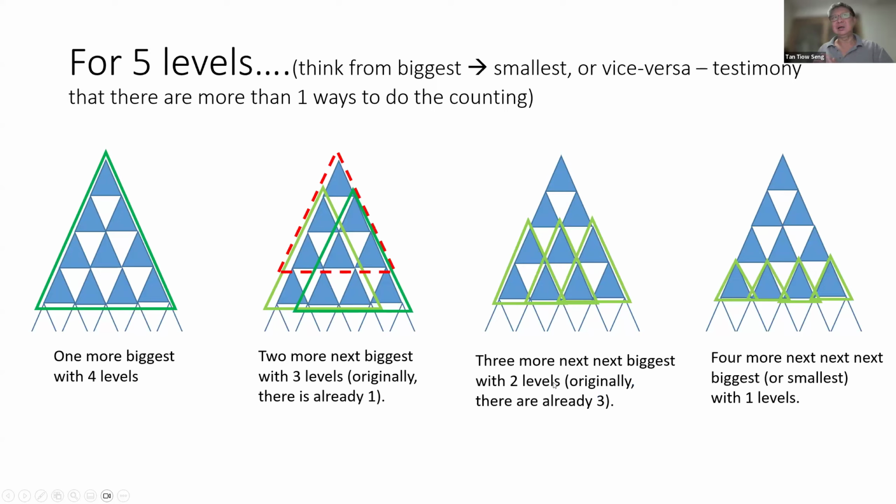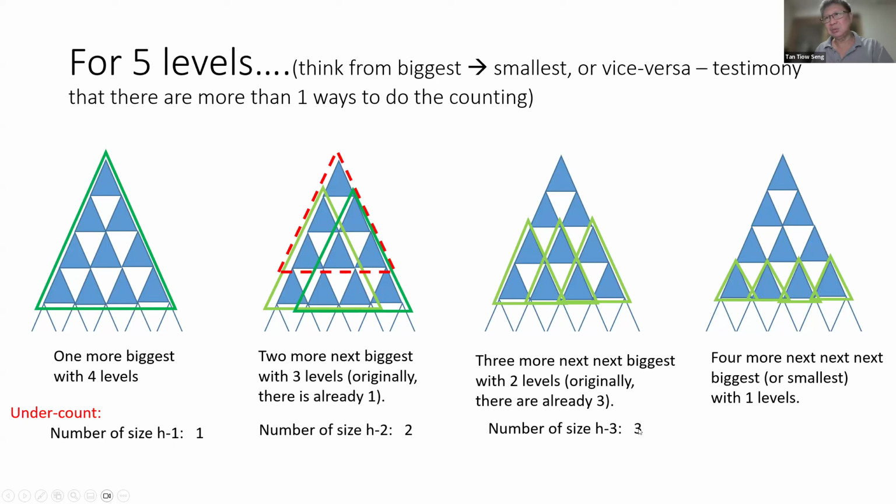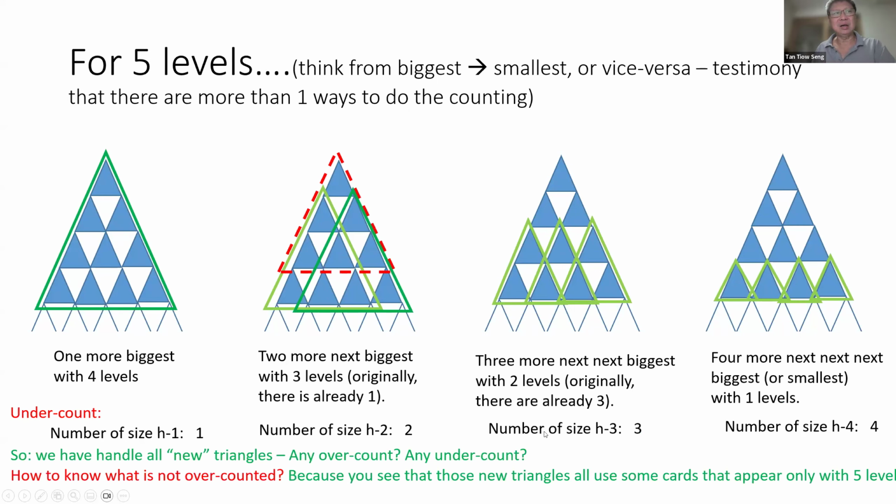So when we count 5 level, we miss out from 4 level this big triangle 1, with this 2 size of 3 triangles, with this 3 size of 2, with this 4 size of 1. So this is undercounting in this manner. Number of size h minus 1 we miss out by 1. Size h minus 2 we miss out by 2. Size h minus 3 we miss out by 3. And size h minus 4 we miss out by 4. So we just need to add this number back to the calculation.